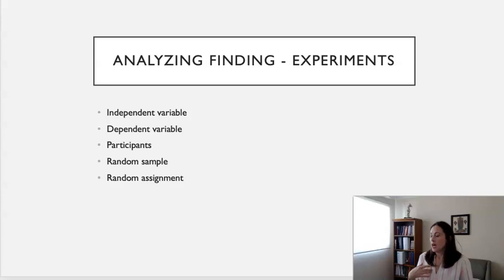What is the experimental group? Is there a control group? If so, who are they? What's the independent variable? What's the dependent variable? Who's in the sample? Who's in the population?